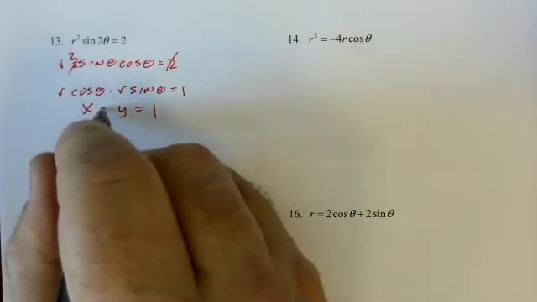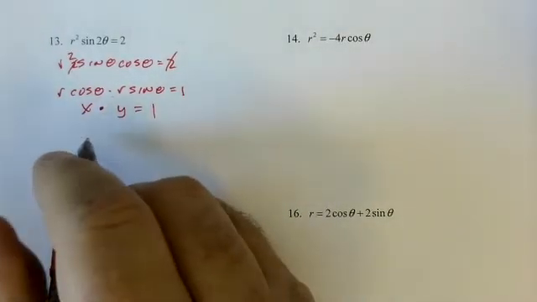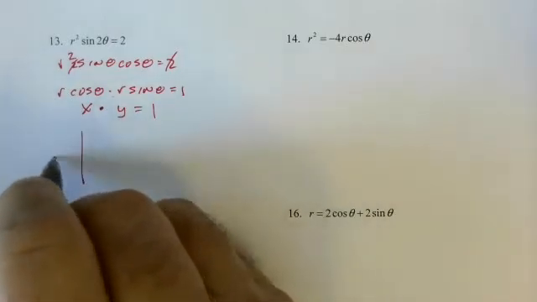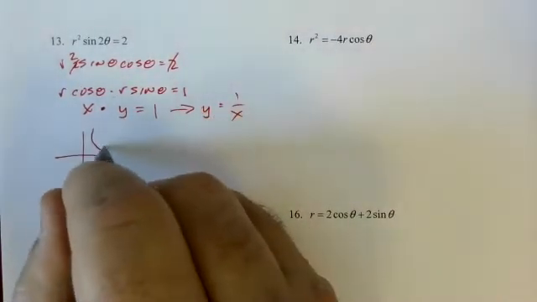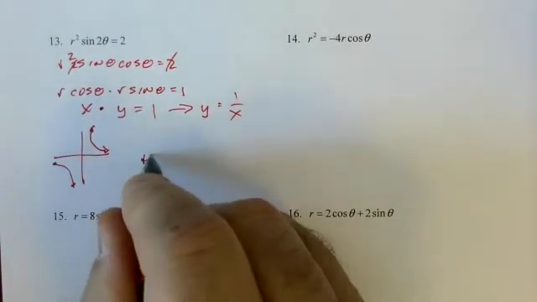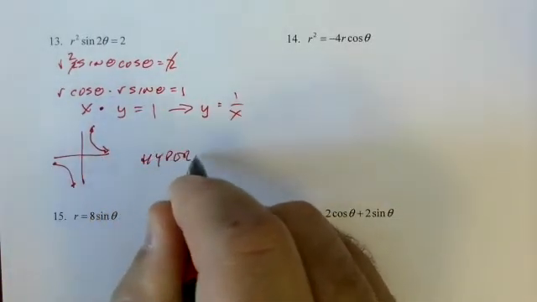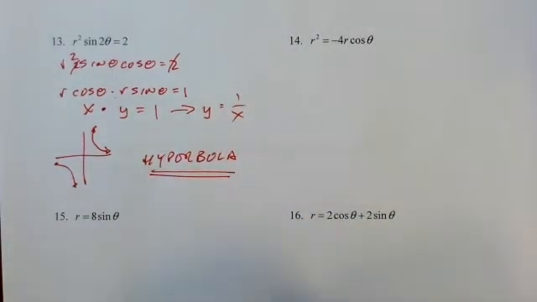And that's a hyperbola. It's a hyperbola that's been turned sideways because that's going to be y equals 1 over x. So that's this one here. Hyperbola.